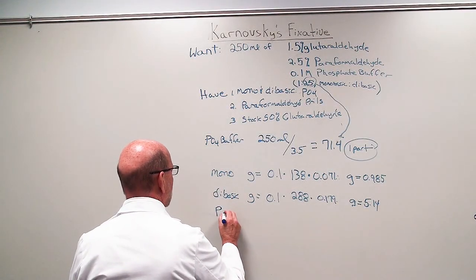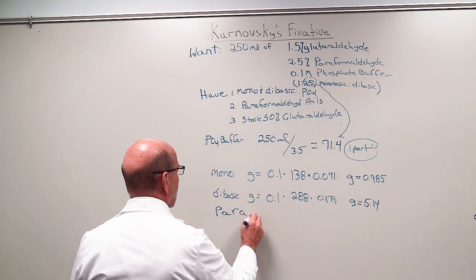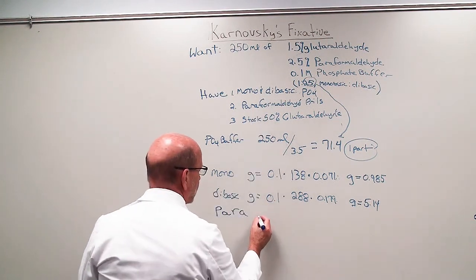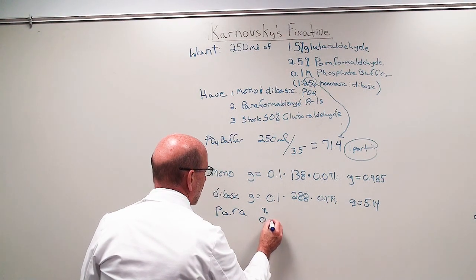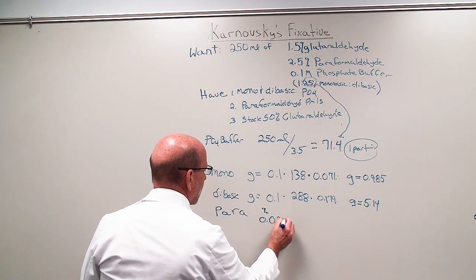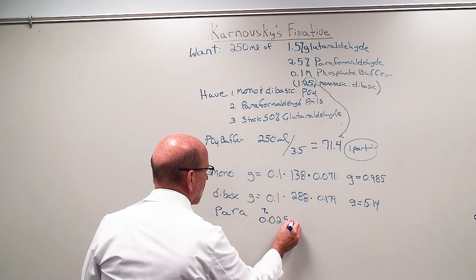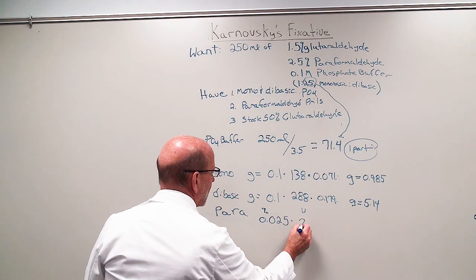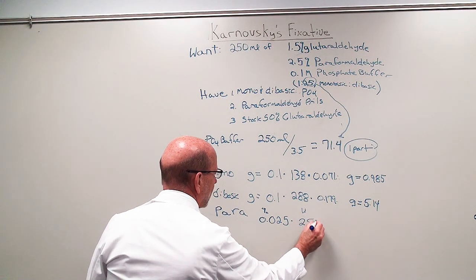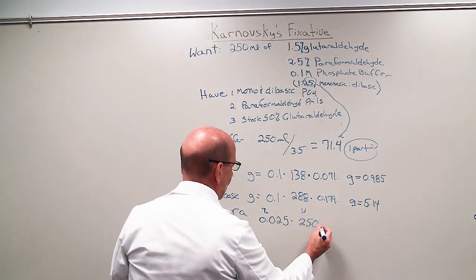So now let's calculate our paraformaldehyde. Again, that's a basic percentage solution. Remember how we would write 2.5% as 0.025. Just be careful you don't write 25, otherwise it's going to be quite concentrated.